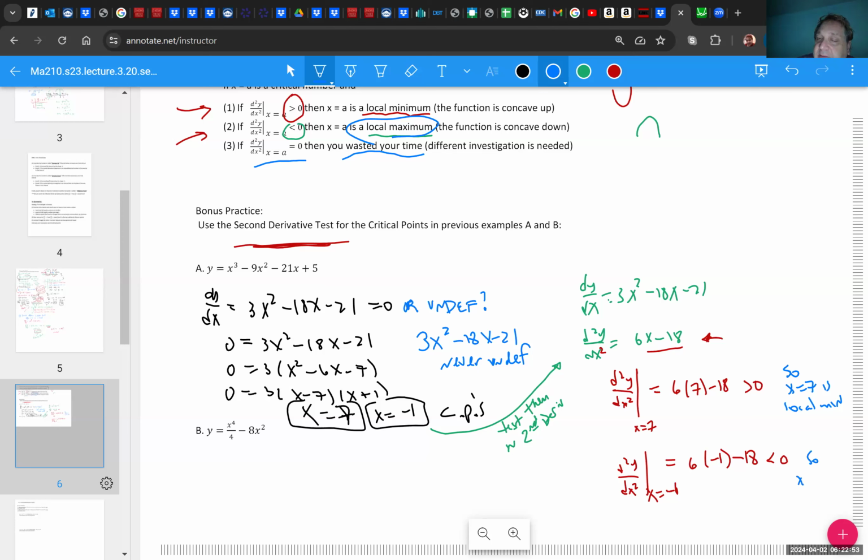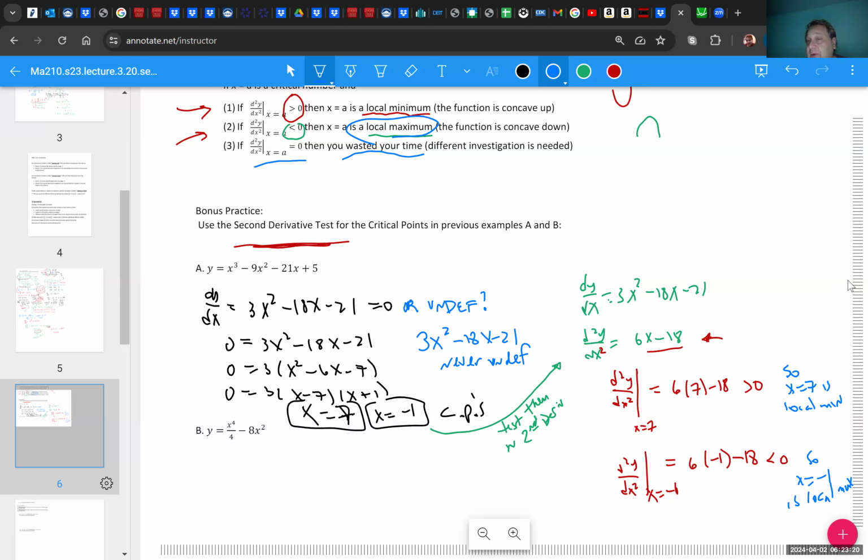Sorry about that, x equals -1 is a local max. I know this because if the second derivative is negative, it's going down. It has that downward shape, and that's a local max. I know that; I just wrote it or thought it the opposite way. All right, so that's using the second derivative to classify the critical points.